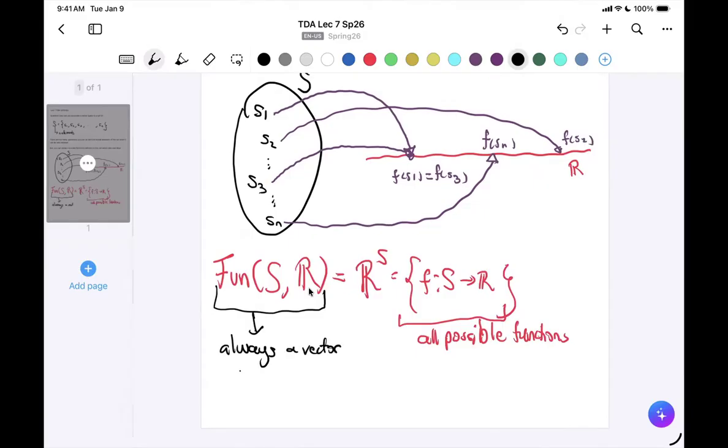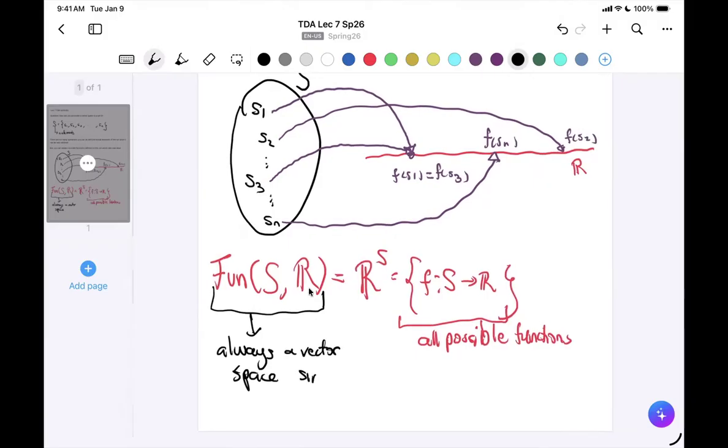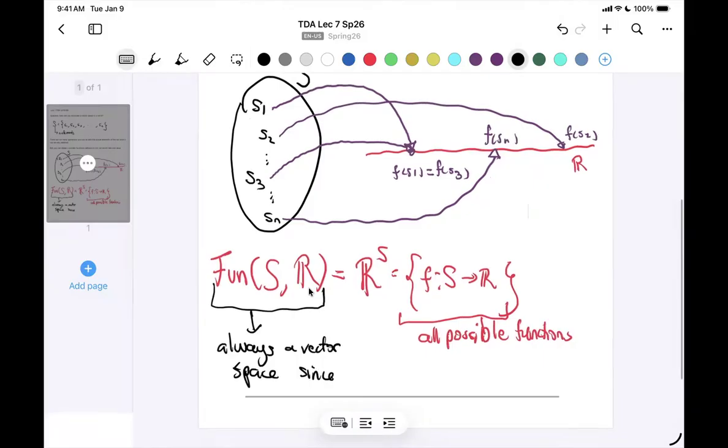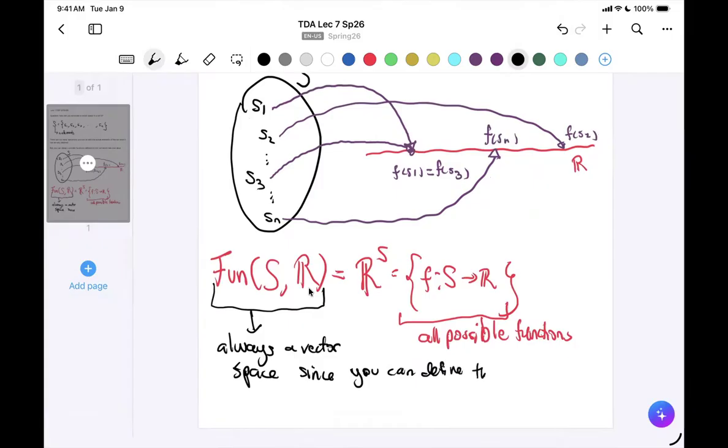It's always a vector space since you can define the sum of functions and the product of a function times a scalar.